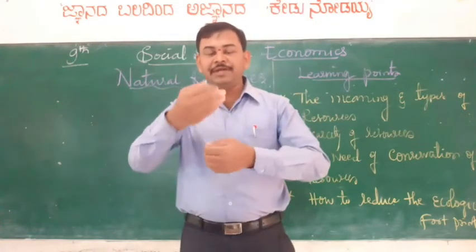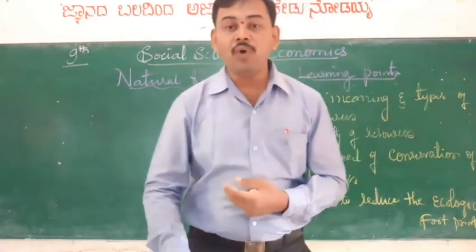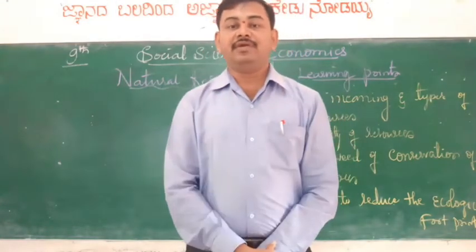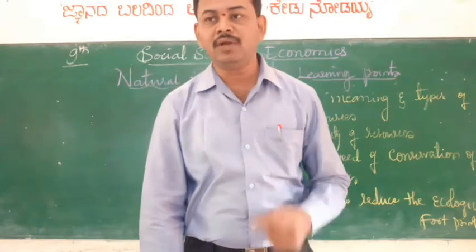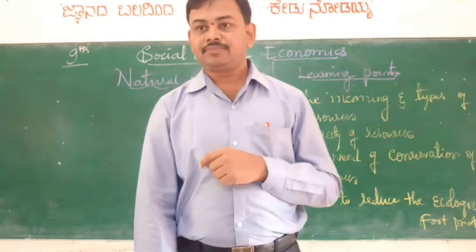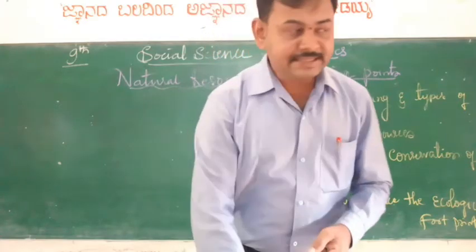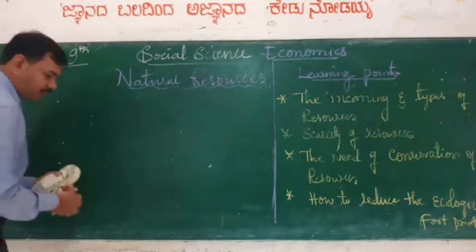And also I explained the uses of natural resources and how they are very essential to human activities for their daily life. My dear students, I hope that you are getting my point. And now the types of natural resources. Let us see what the types of natural resources are.